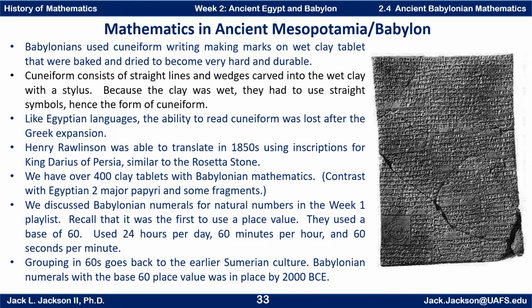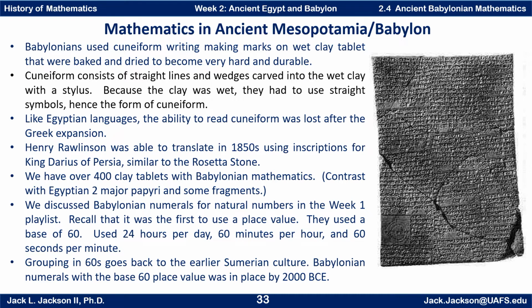And as far as mathematics goes, we have over 400 clay tablets with Babylonian mathematics. Contrast that with the two major Egyptian sources, the Moscow Papyrus and the Rhind Papyrus, and then basically some fragments. In a way, we know a lot more about Babylonian mathematics, although clay tablets lent themselves to not as good a way of writing a lot of mathematics down as you could put on a papyrus.